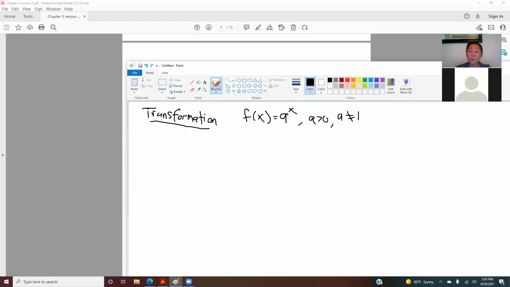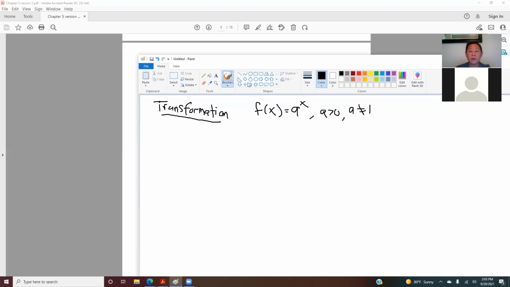So a can be any number you want, for only positive numbers. The transformation we have here is we're going to go up. So how do we know if it goes up? You add a number. So you add a number, it is considered to go up.